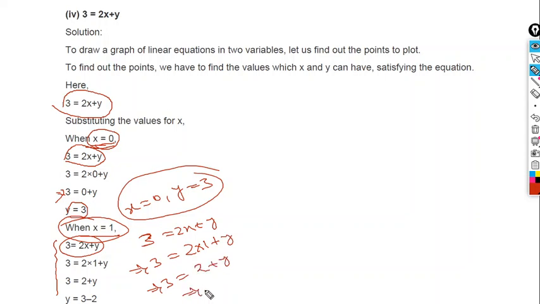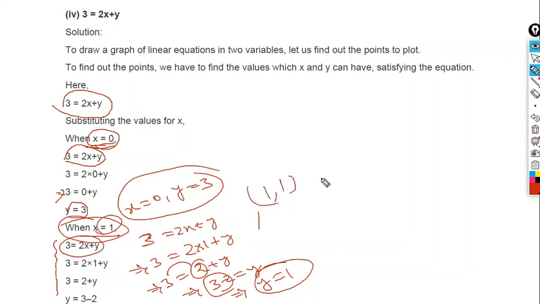Now you bring this 2 to LHS. 3 minus 2 equal to y, implies 3 minus 2 is 1, y equal to 1. So you get another point, that is when x equal to 1, y is equal to 1.